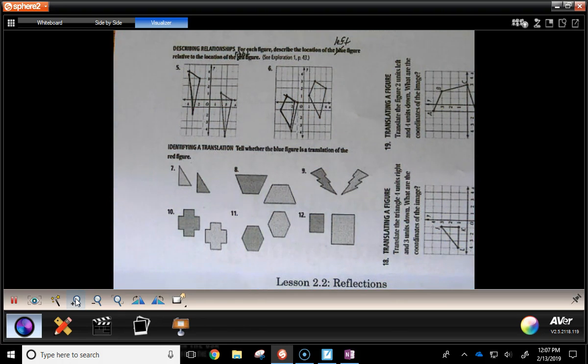When it says describe the location, this should look just like those examples we did, where you're going to say move 3 units left, 4 units down, or right 2 units, up 1 unit. On this one, it is 2 steps. On 6, it is 2 steps. So I need you to tell me how I move the left figure to the right figure. You're going to say how many units in one direction, how many units in the second direction.